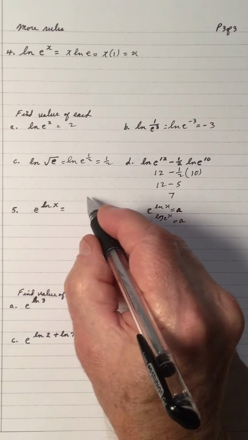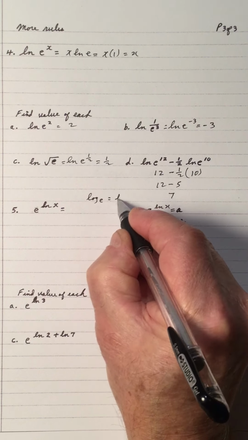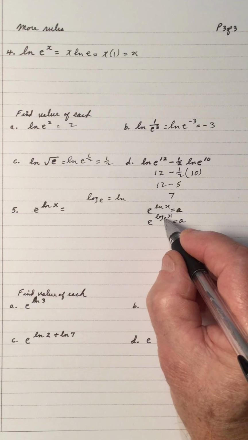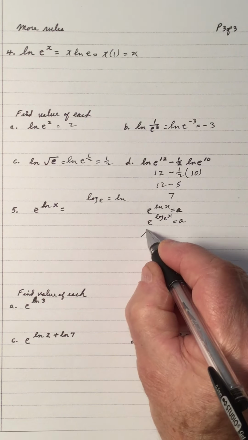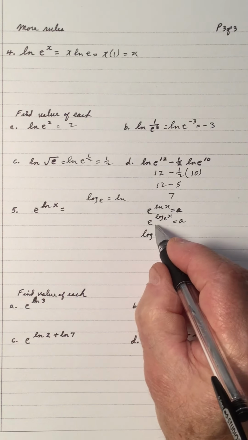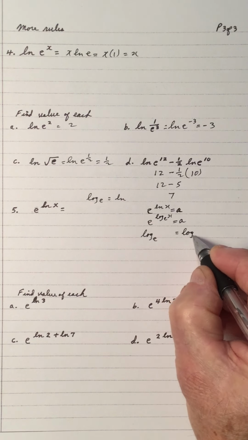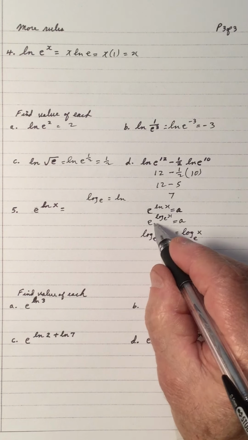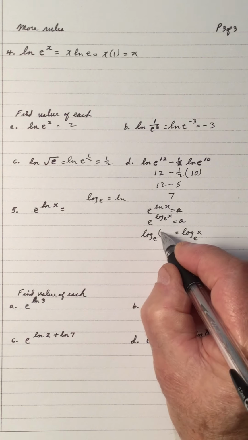So remember, the log base e is the same as ln. So we have an exponential, so we say the log base is e, the exponent is log x base e, and that base exponent number, so that's right here, is a.